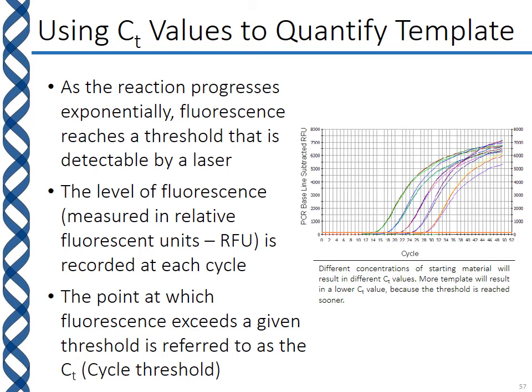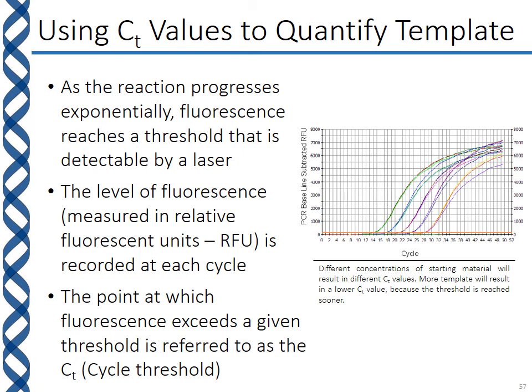But at that denatured stage, you still do see some fluorescence, which means that there is a baseline fluorescence, which is the lowest level, but it will never be zero. And so the point at which that fluorescence exceeds the threshold is referred to as the CT cycle.